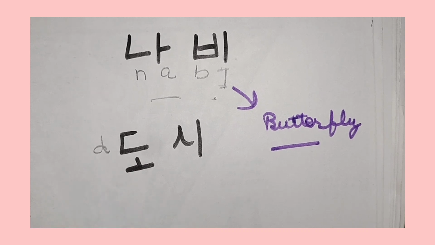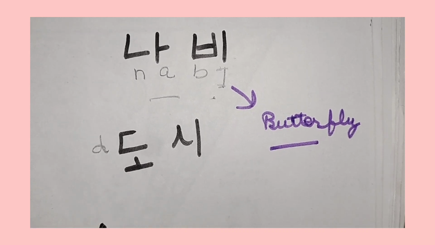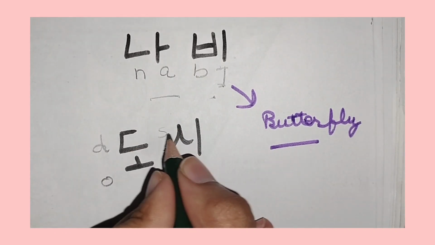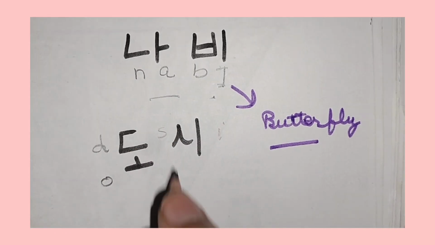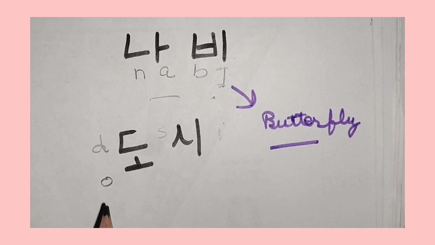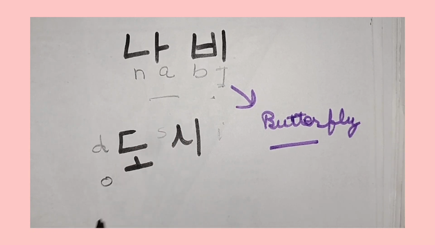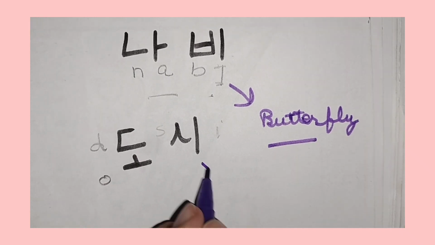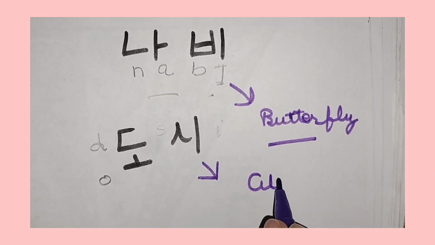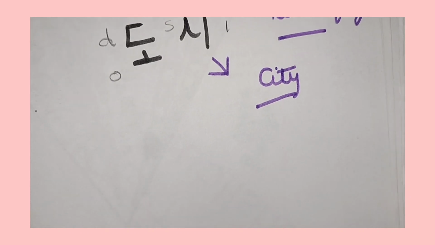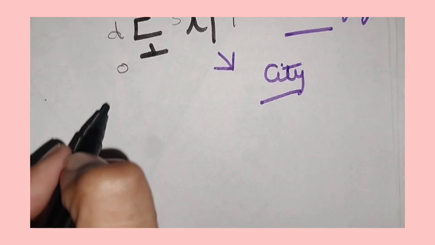It's D, O, and S. So it's doshi, not dosi. It's not an S sound, it's sh. So doshi, and it means a city. Okay, let's practice more.